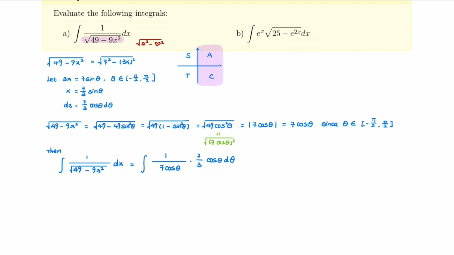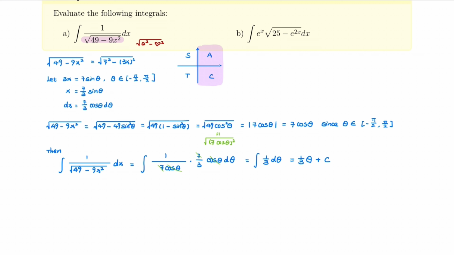Simplifying this, the 7s cancel, and the cosines cancel as well, so eventually I just have 1 over 3 d theta. Taking the integral gives 1 over 3 theta plus a constant.